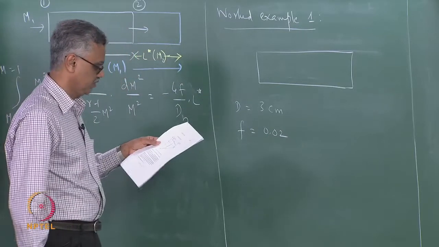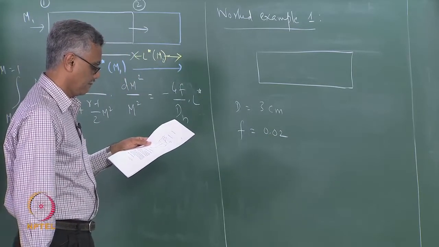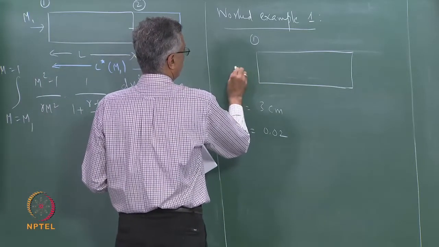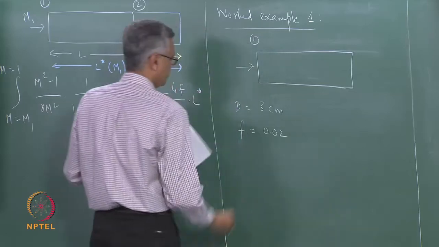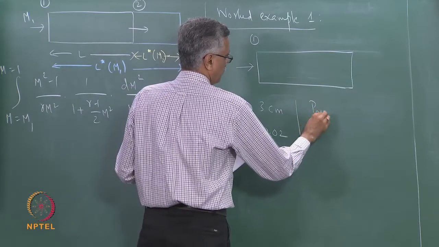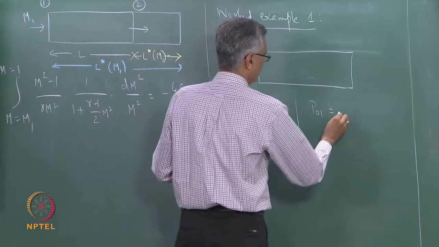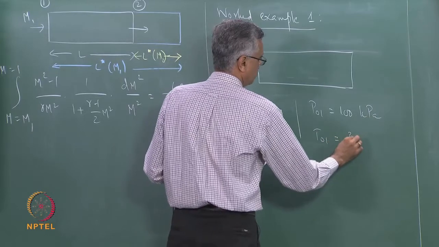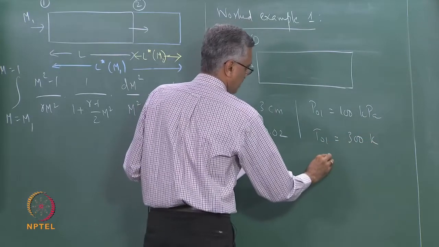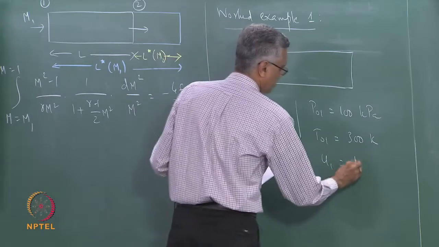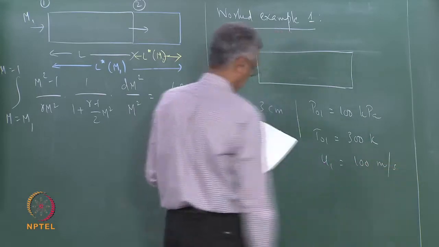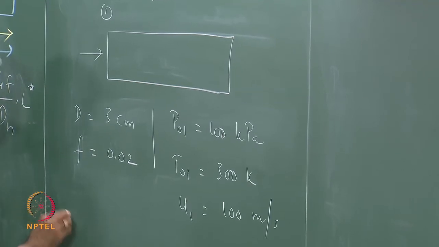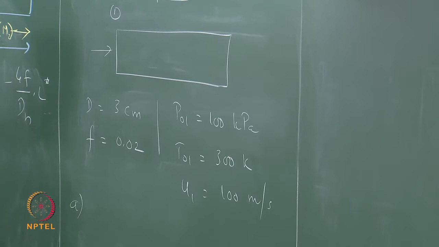Remember, this is Darcy friction factor, and at entry to the duct, so this is state 1, we have been given P01 is equal to 100, T01 is equal to 300 Kelvin, and U1 is given to be 100 meter per second. So, we are asked to calculate first the mass flow rate m dot through the pipe.